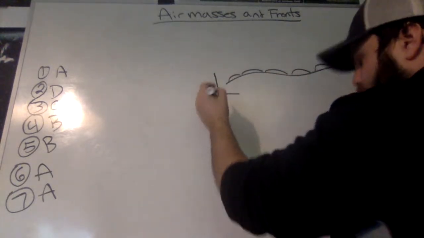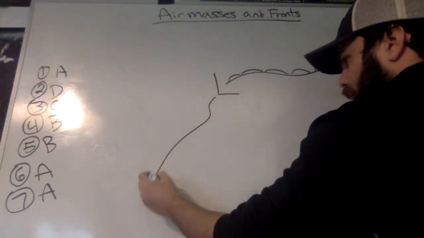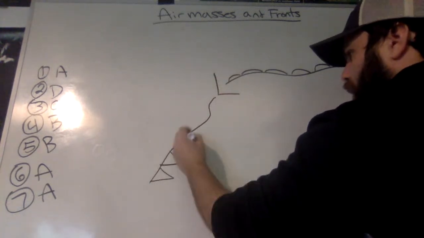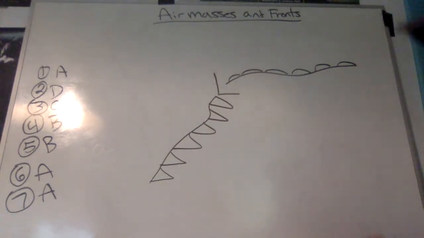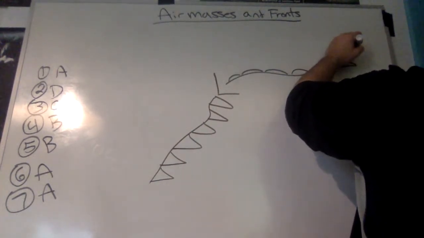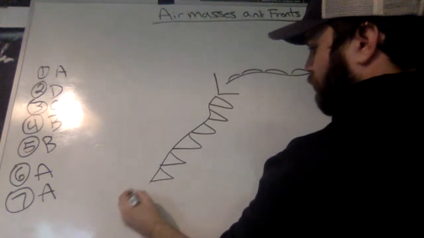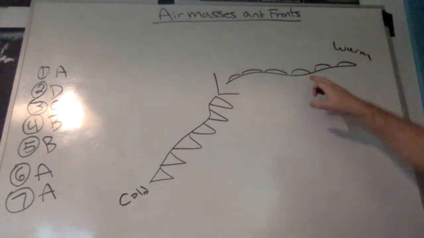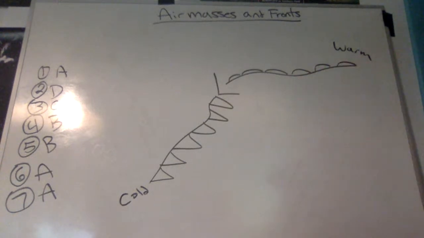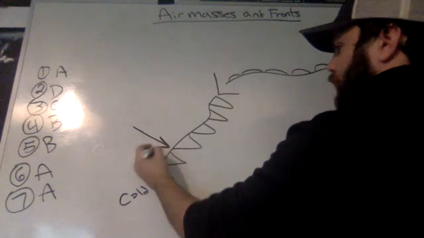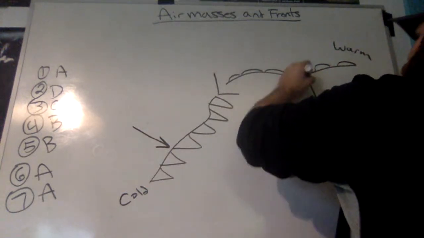Now you have this other line coming down, and it has these triangles. I always think these triangles are icicles, so that's your cold front. So you've got your warm front and your cold front. Whichever way those symbols are pointing is the way they're moving. So this cold front is going that way, and this warm front is going this way.